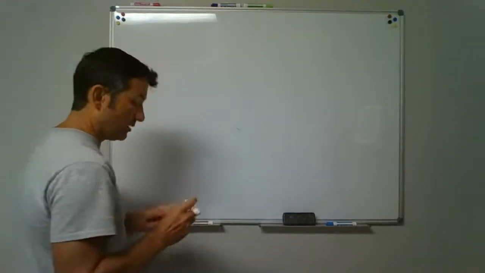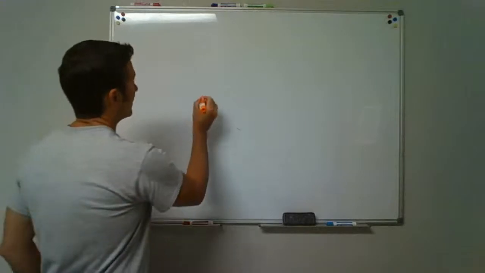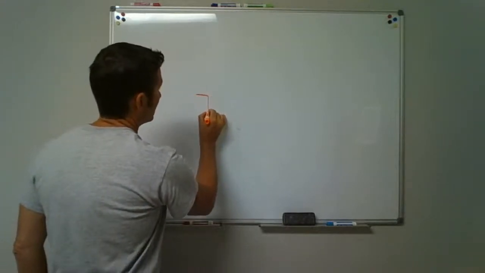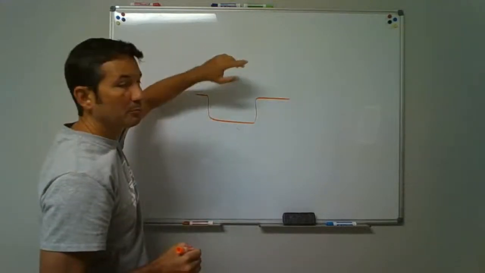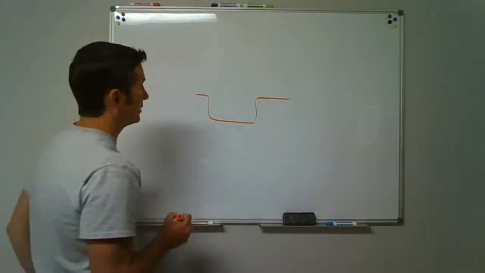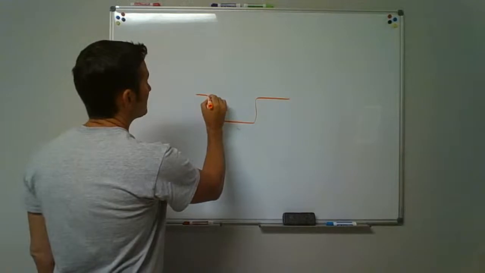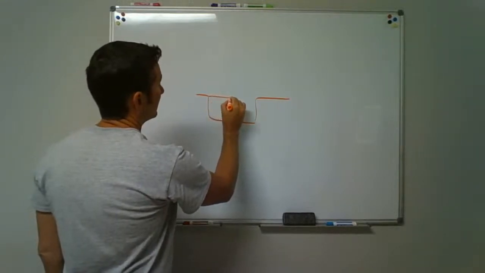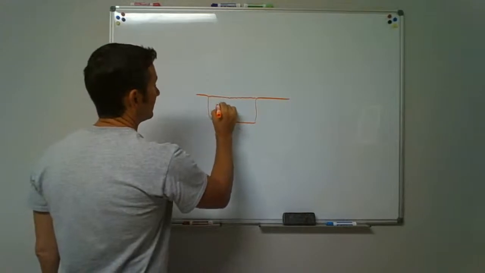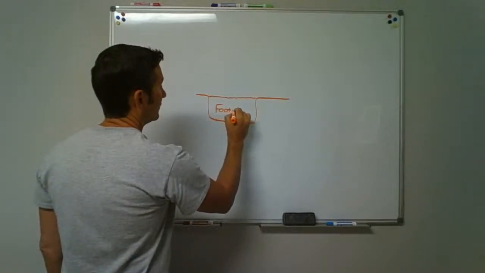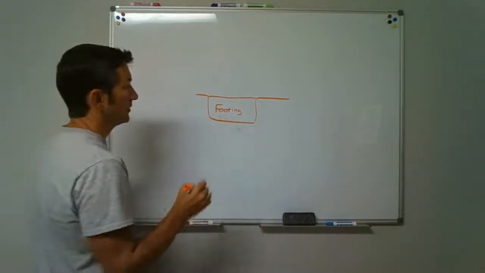To begin with, they're going to come out and dig a ditch all the way around the perimeter where the walls are going to go. Concrete gets poured in here, and this is called the footing, or you hear some people say the footer.